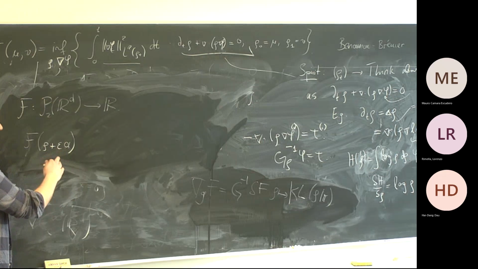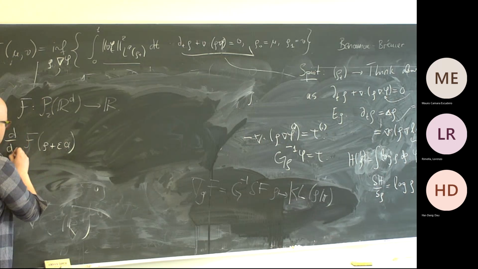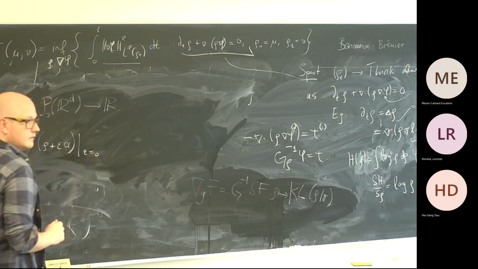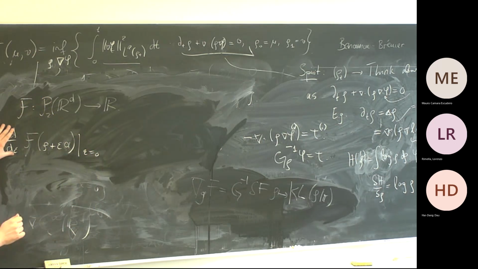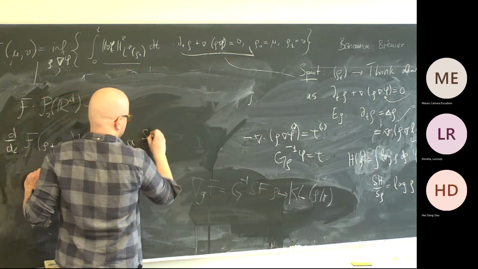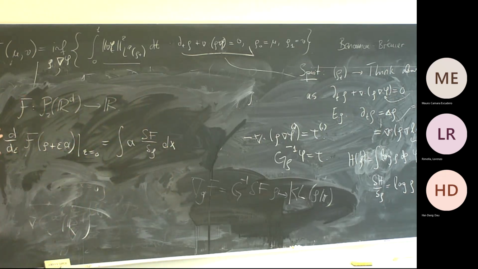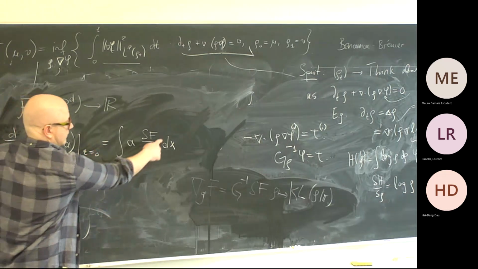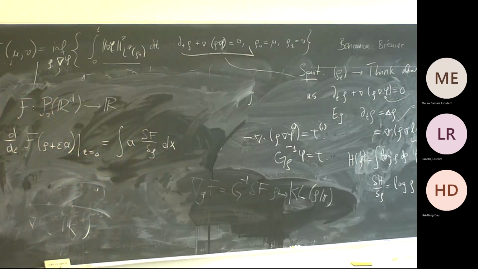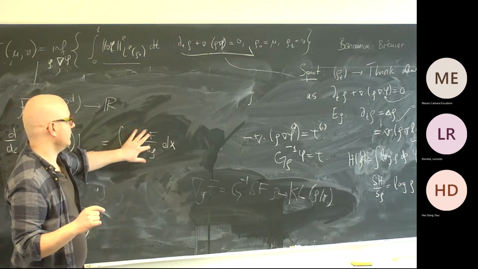Alpha is something that can perturb rho, so it should integrate to 0. We can look at this. So it's a directional derivative into direction alpha. And we can request that it's given in this form. So this is meant to define this. And it's like in the usual gradient setting, the directional derivatives can be given as a scalar product with respect to the gradient, something like this, right? And so this defines this.